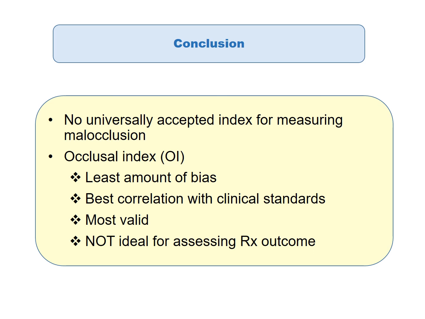There is no universally accepted index for measuring malocclusion, but having said that, the IOTN is recognized as having the least amount of bias. It has the best correlation with clinical standards and is considered the most valid of all the indices, but it is not ideal for assessing treatment outcome.